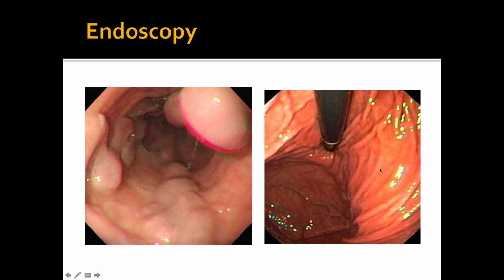On the right, this is another retroflex view. So this certainly could be your GE junction, lower esophageal sphincter, with the endoscope exiting through the esophagus. This is your gastric fundus. It seems to be deep, so this could be in the thoracic cavity, or could this be the fundus under the left hemidiaphragm?